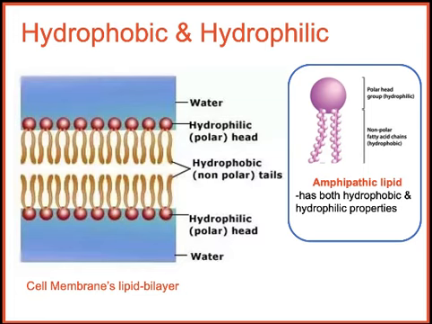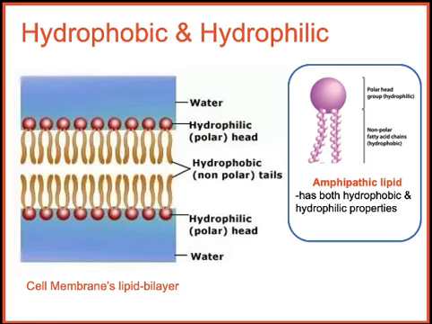So the head, this is actually called an amphipathic lipid, right? Amphi means both, so it has both a hydrophobic and hydrophilic property. The tails are nonpolar fatty acid chains, okay? And then the head is hydrophilic. It loves water, okay? It has a polarity.